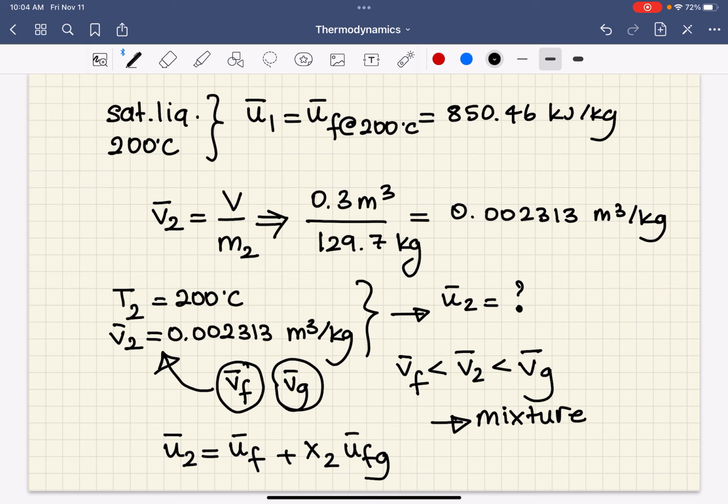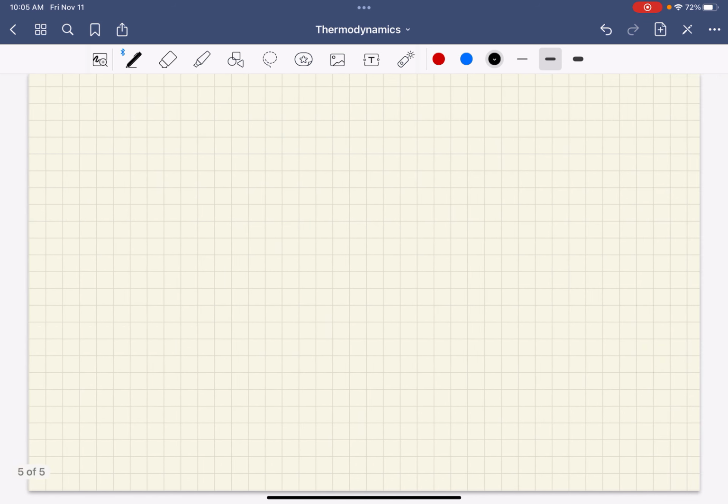To do that, you need to use a known specific property at the second state, which is already given to us as the specific volume. So we're gonna calculate quality at the second state, and we're gonna use specific volume for that.